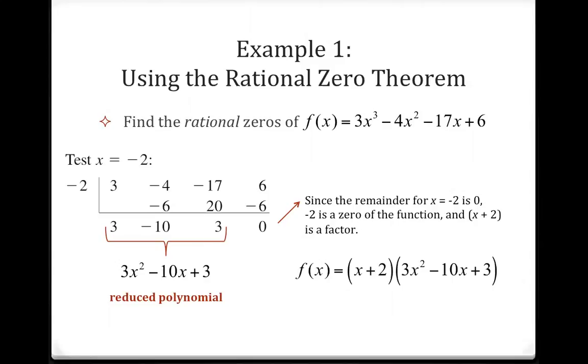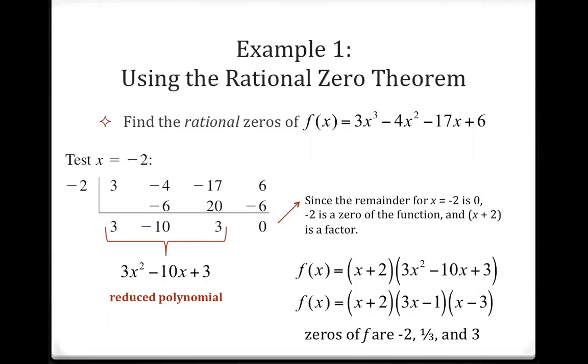Now, just like we were doing last lesson, I look at this quadratic and I try to decide if I can factor that even more. And in this case, the answer is yes. 3x squared minus 10x plus 3 can be factored into 3x minus 1 and x minus 3.